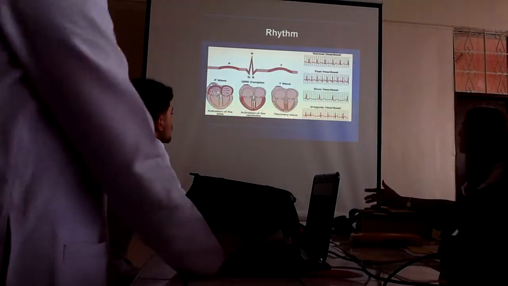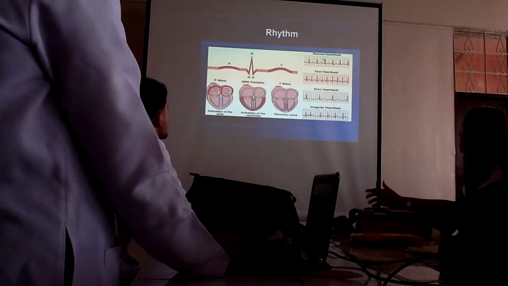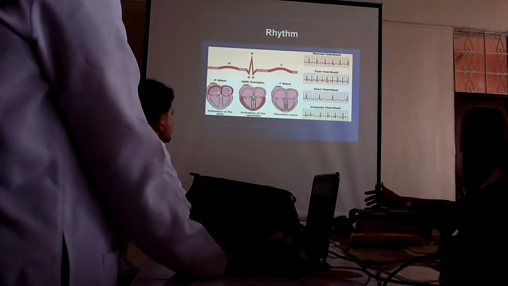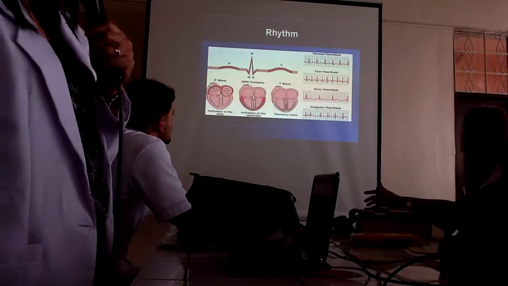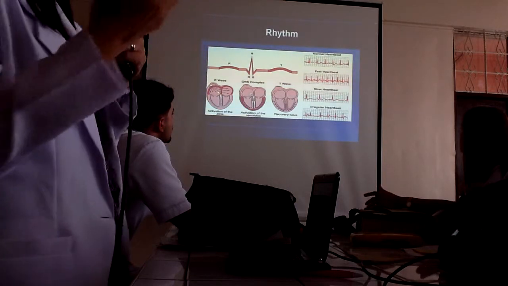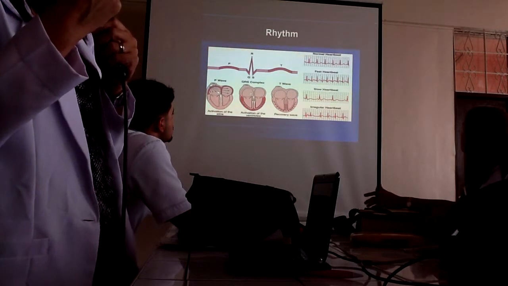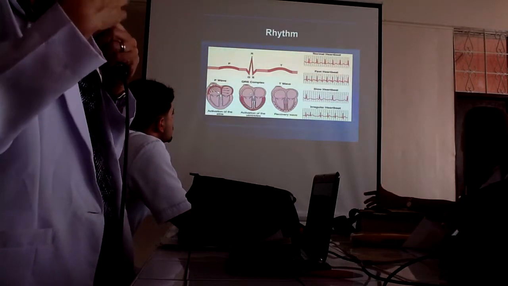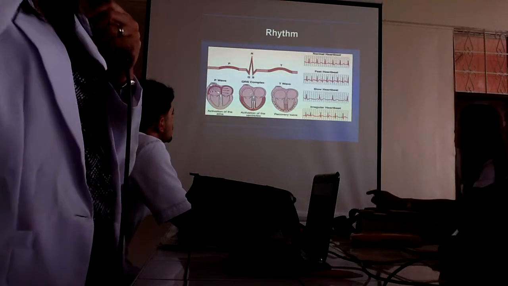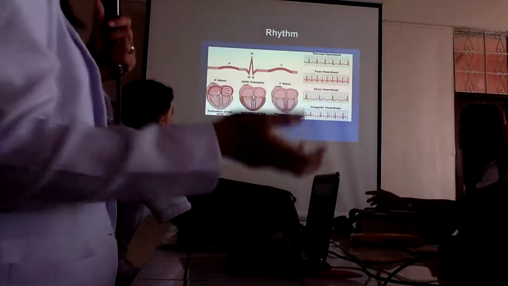Now, rhythm. You have a normal heartbeat, sinus rhythm. Then you have fast heartbeat, which is what? Tachycardia lang. Because when you say sinus, what does it mean? Sinus means that your waveforms are present, especially your P waves. Okay? So your P, your QRS, your T, and that's a sinus one.